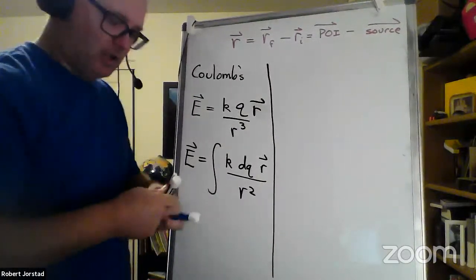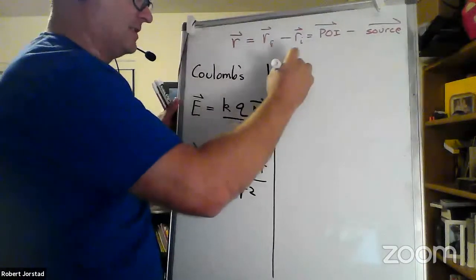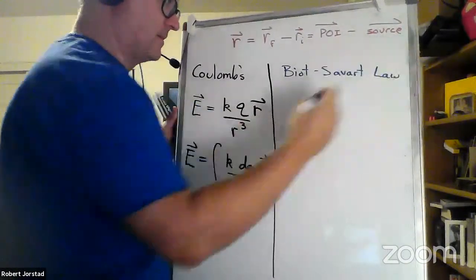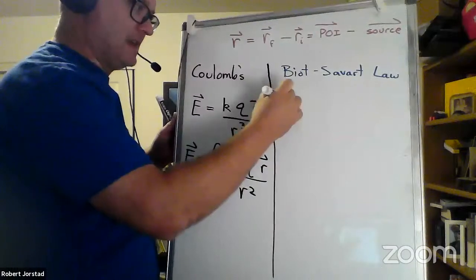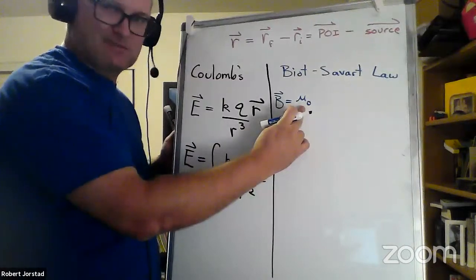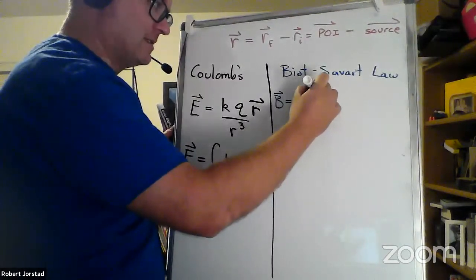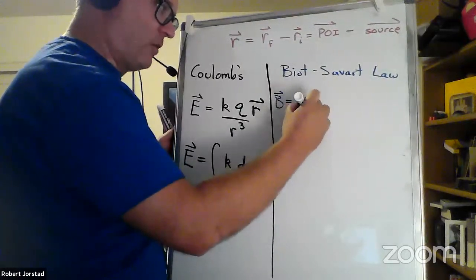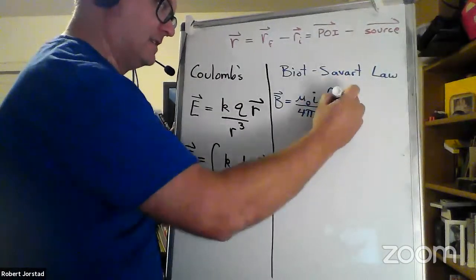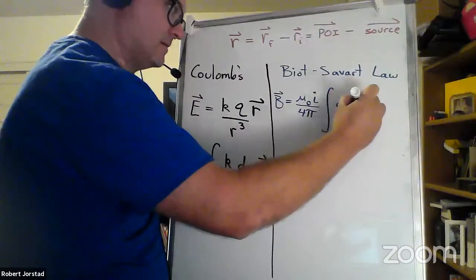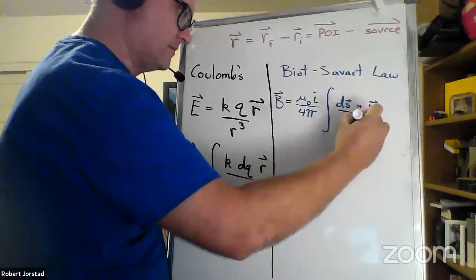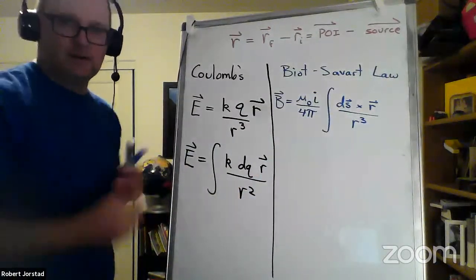The Biot-Savart law looks pretty similar, except it's got a cross product. It says B is equal to mu naught, which is a new constant, just some number, times the current, divided by 4 pi, times the integral of this.